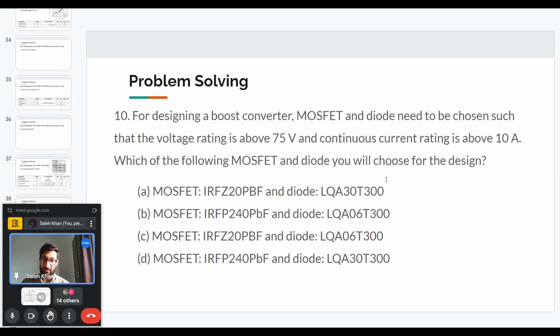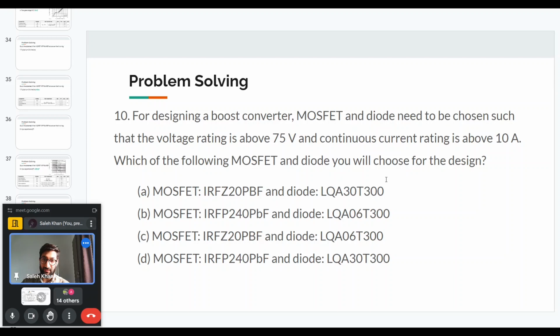So the answer to this question is basically option D, because this combination of MOSFET and diode will satisfy the requirements of the boost converter design.